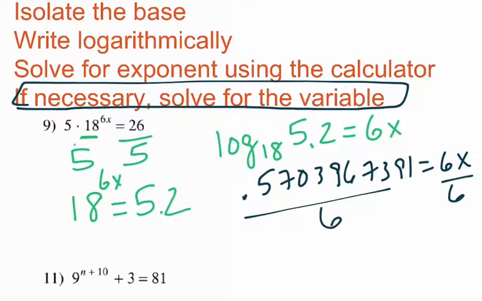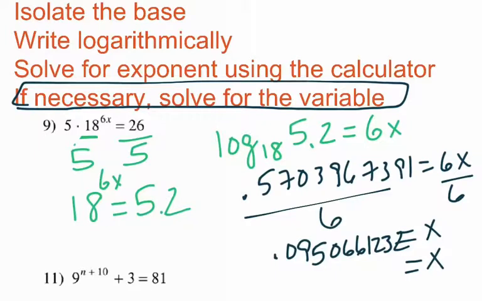So in our calculator, we're going to divide it by 6, and we're going to wind up with 0.0950661232, and when I round to 4 decimal places, I'm going to wind up with 0.0951 in this case. Questions before I go on? That's kind of odd because I can't really answer a question if you had one, but that is how you would do it.